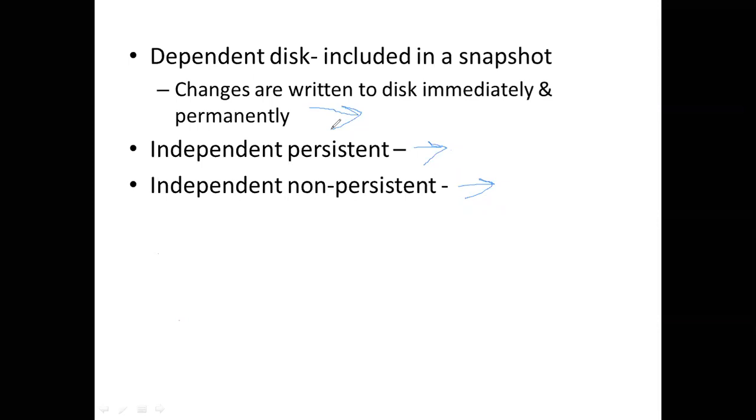So as far as what I wanted us to look at today is concerned, these are the concepts that I wanted us to look at. Sometimes you may be asked questions. What we need to know here again is, if a disk is dependent, it cannot be independent persistent again.